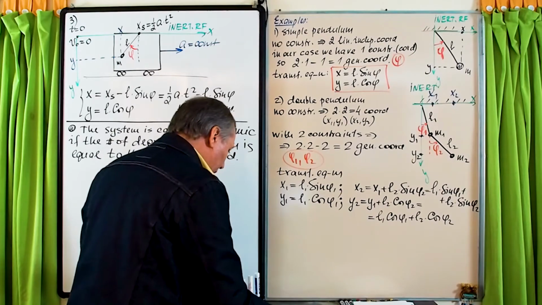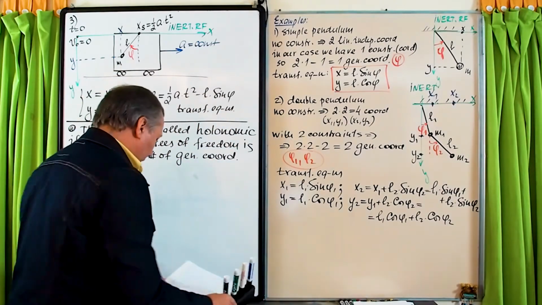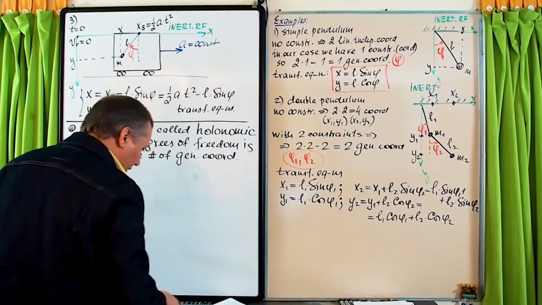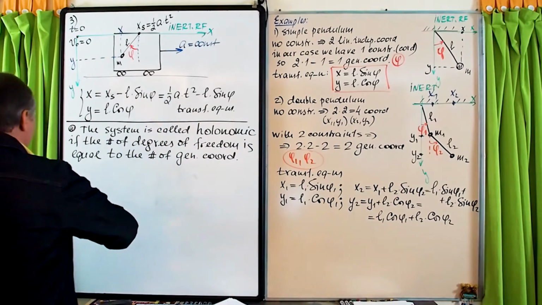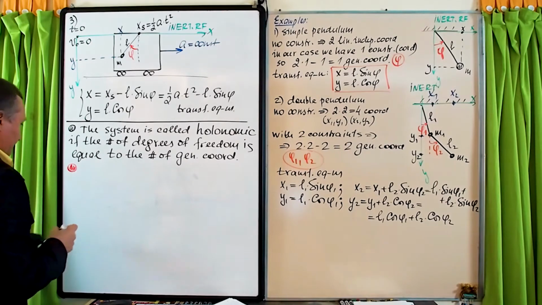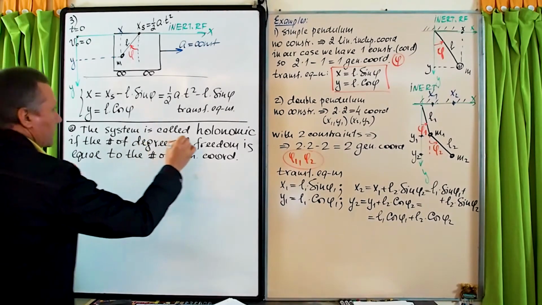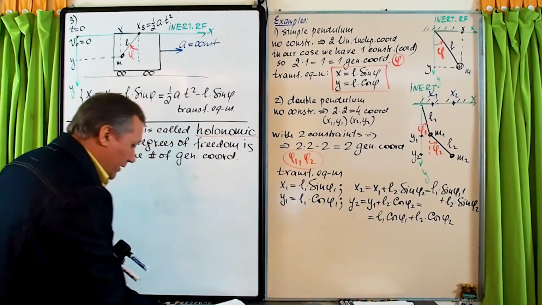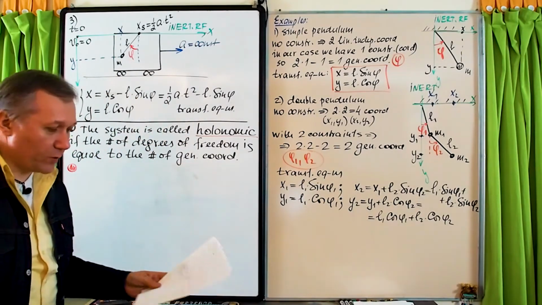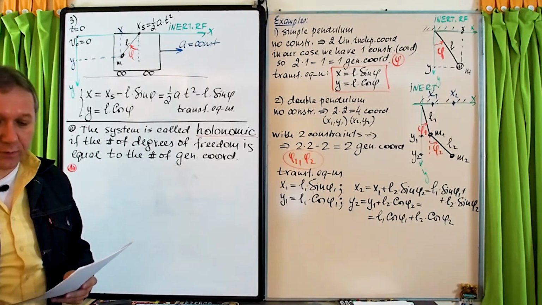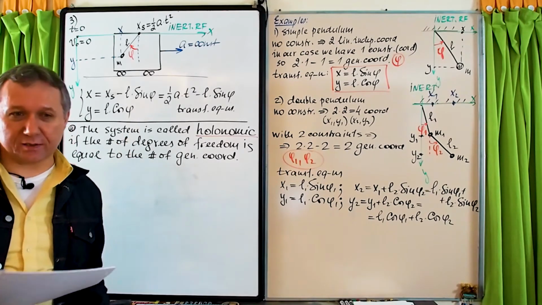Now let me write one or two additional sentences, without a proof. Let me put a red bullet, since it's very important. And I should underline this word, holonomic. Without a proof, the Lagrange equations, with the form staying the same, work for any holonomic system with constraints.